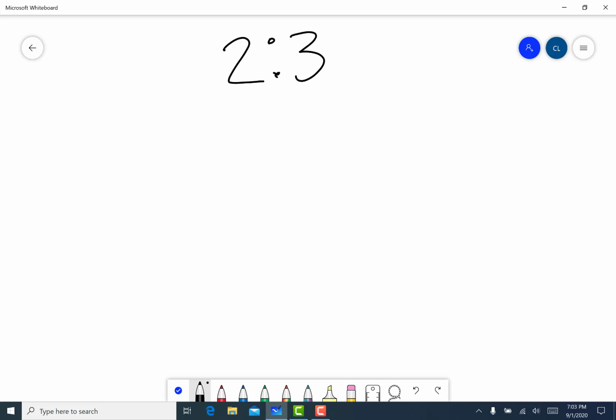Okay, so we have the ratio 2 to 3 for Mason to Lainey, and it wants us to draw a tape diagram. It tells us Mason ran 4 miles. So how am I going to figure how much Lainey did, and what am I going to put in this tape diagram? Am I going to put a tape diagram of 4 for Mason, 4 boxes?